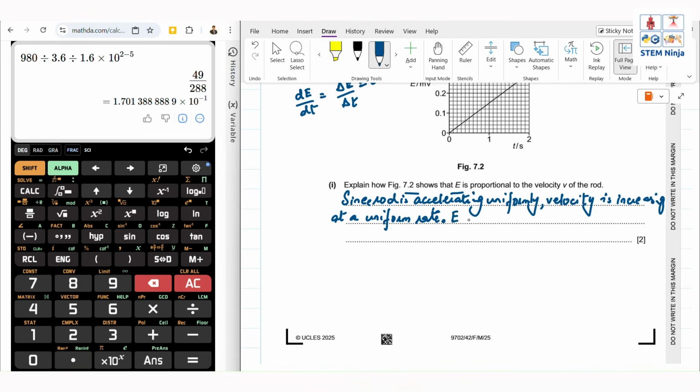E is also increasing uniformly, as seen from the constant, uniform gradient.